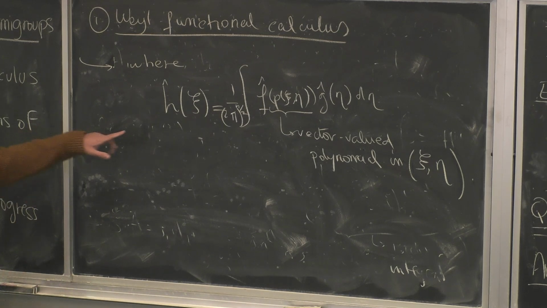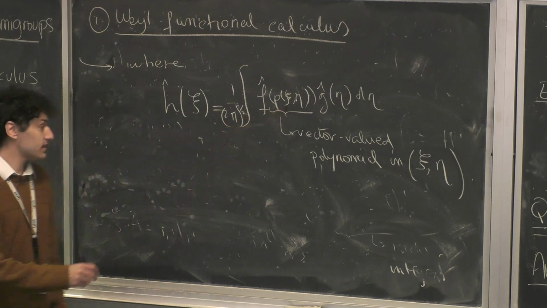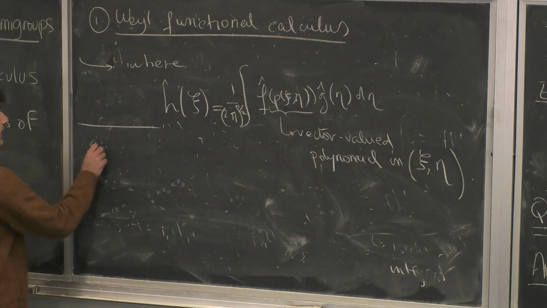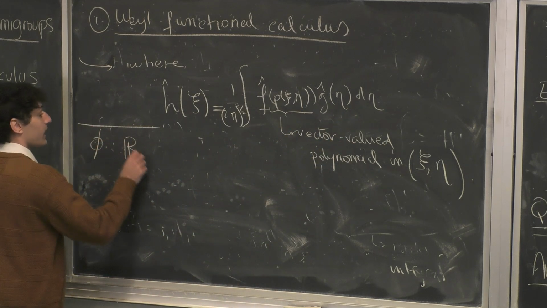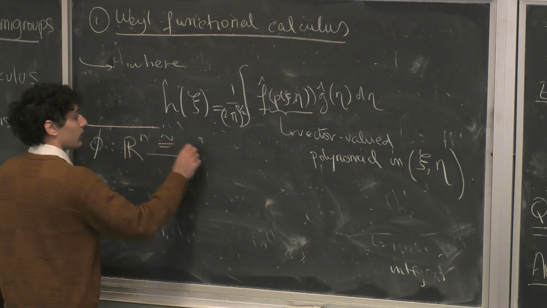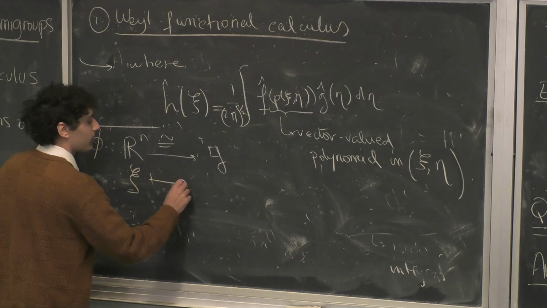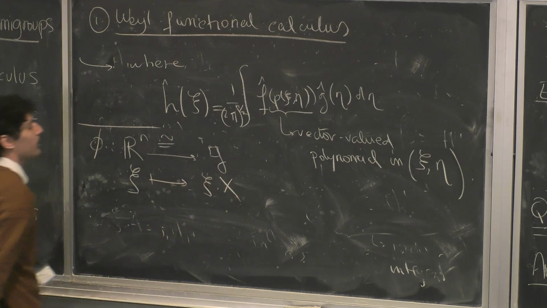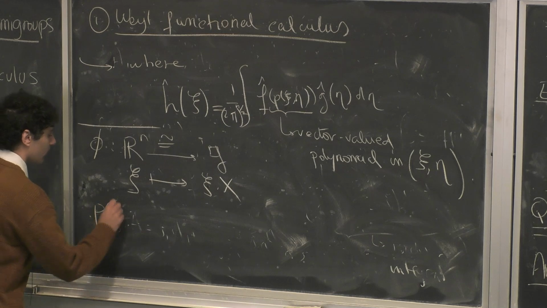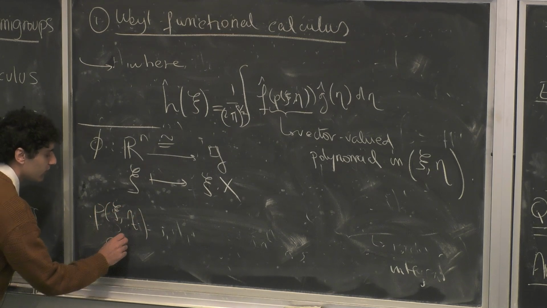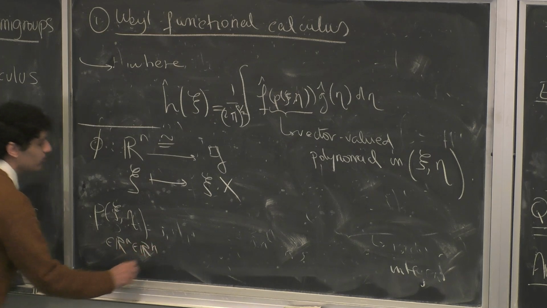So I would just like to tell you a little bit what this polynomial is. So we have a Lie algebra and a fixed basis. So if I identify my Lie algebra with Rn with respect to some basis, any vector in Rn, I map it to the linear combination. Then P of xi, eta, and these are two vectors in Rn, is defined as follows.